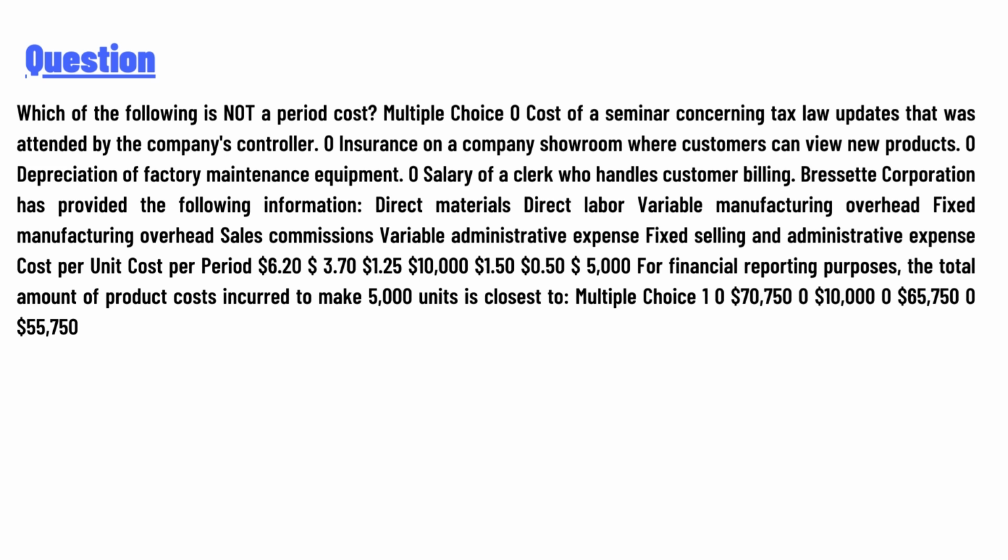Bressette Corporation has provided the following information: tracked materials, tracked labor, variable manufacturing overhead, fixed manufacturing overhead, sales commissions, variable administrative expense, fixed selling and administrative expense, cost per unit, cost per period: 6.20, 3.70, 1.25, 10,000, 1.50, 0.50, 5,000 for financial reporting purposes.